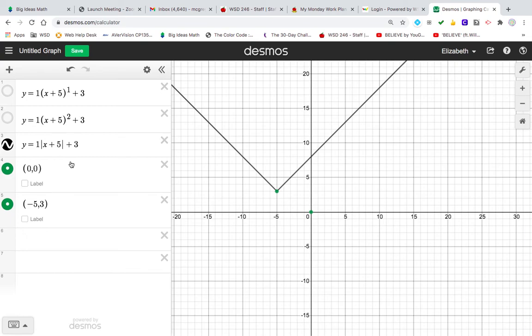Okay. So every time it was moving from (0, 0) to this, when I graph them in, I've got a straight line, or I have my parabola, or I have my absolute value graph. So they're a little different shape, but they all moved the same way. That vertex moved the same way. But when we're looking at this vertex, the sign of the x is -5, but it looks like it's positive every single time.